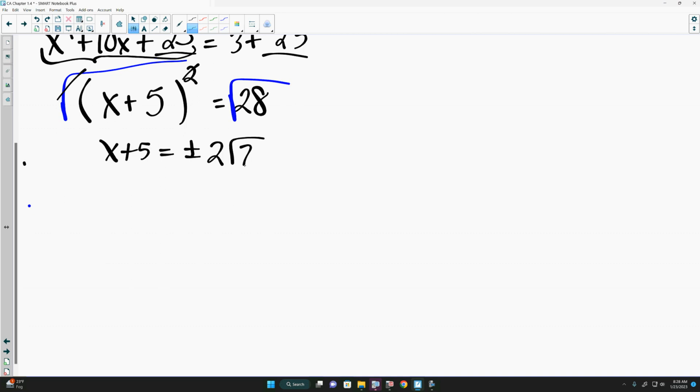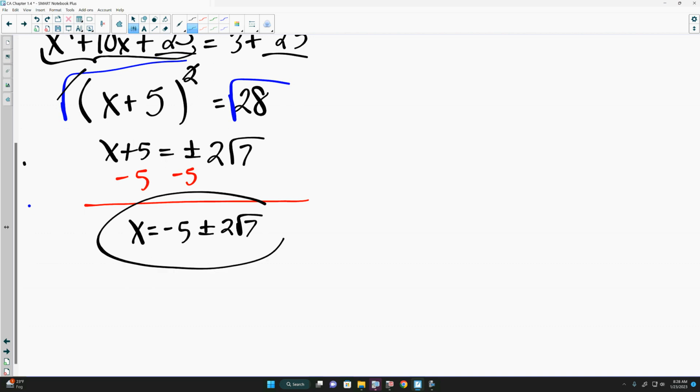And again, the TI-30XS will do those simplifications for you. And last but not least, we need to subtract 5 from both sides, telling us x is equal to -5 plus or minus 2 square root of 7.